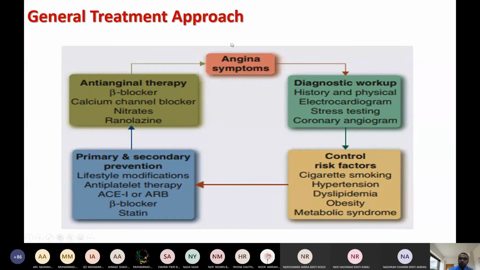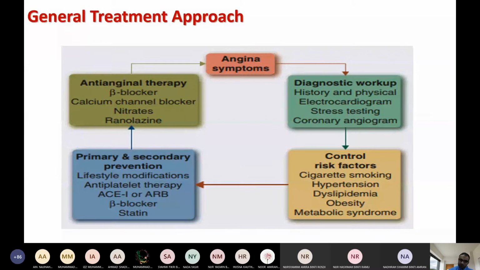So again, after having the symptoms and the diagnostic workup, we have 3 main blocks in the management of stable ischemic heart disease. The first block focuses on modifying or decreasing the risk by playing with the risk factors.